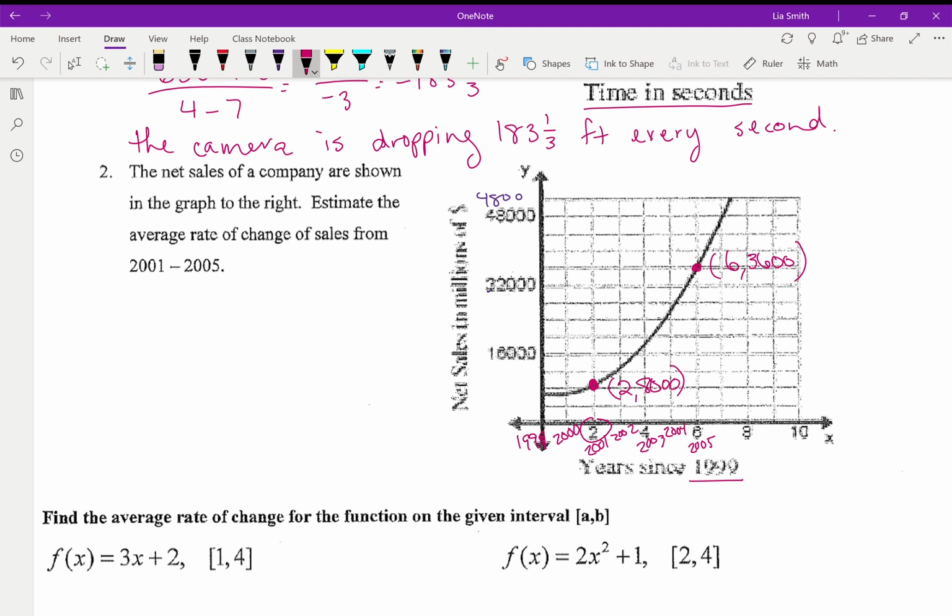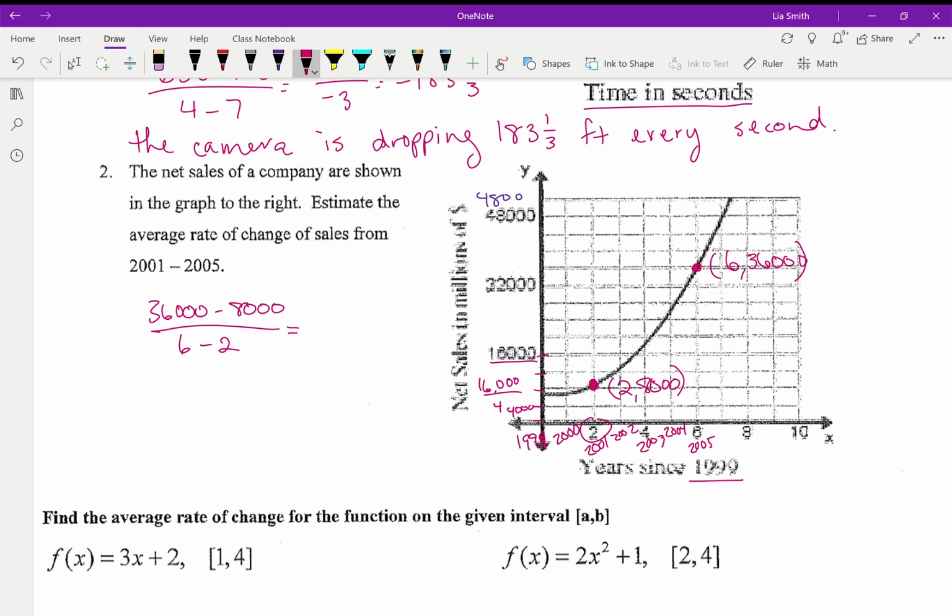So how did I get 8,000, you might be wondering. I used this 16,000 and I noticed there's 1, 2, 3, 4 gaps. So 16,000 divided by 4 means that each level is worth 4,000. So your rate of change, you've got 36,000 minus 8,000 divided by 6 minus 4.